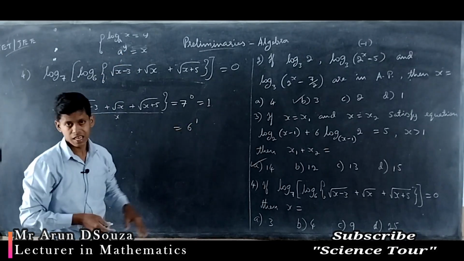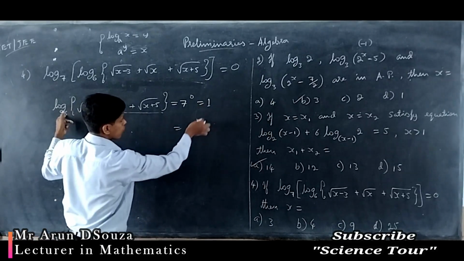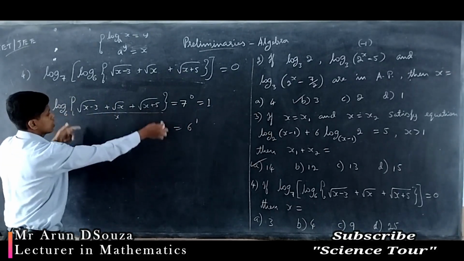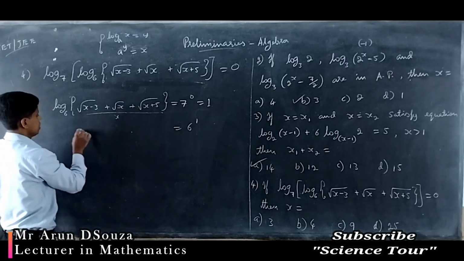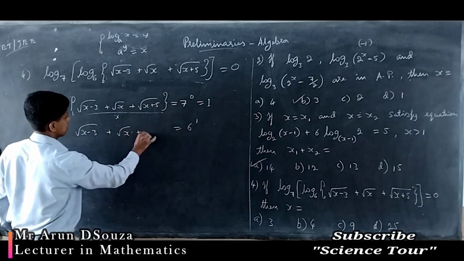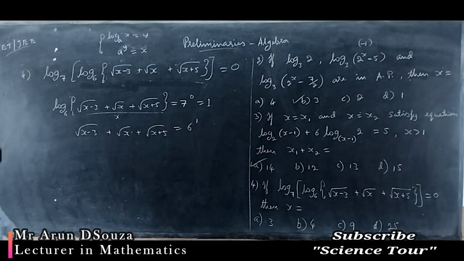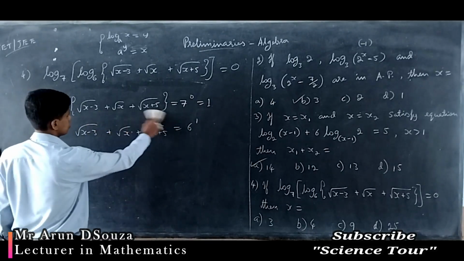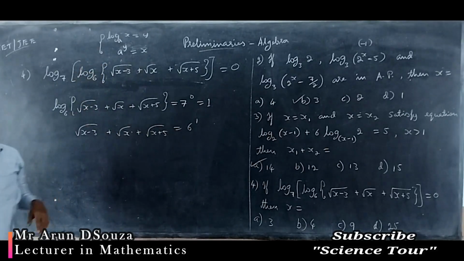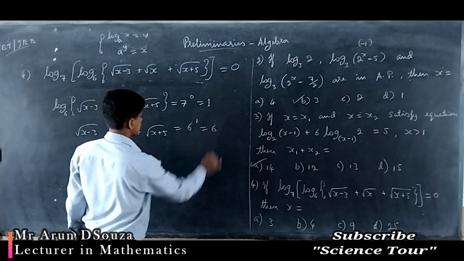So a to the power y I have written already. Now this is what I should write here, x. So that is root x minus 3 plus root x plus root x plus 5. Well, so that is just conversion between log and exponential, and 6 to the power 1 is nothing but 6.